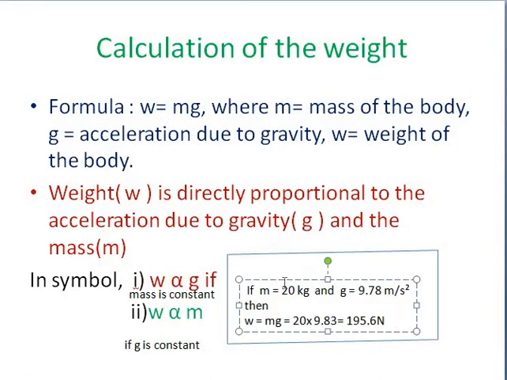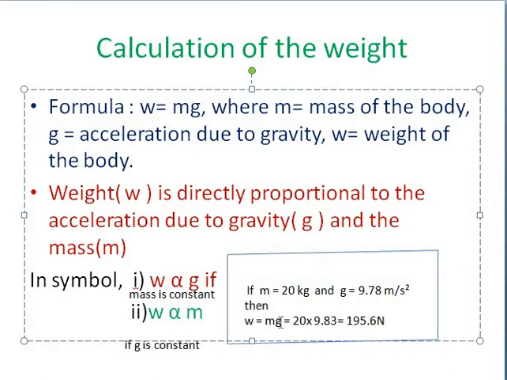So if mass is constant, then the weight depends on the acceleration due to gravity. Weight is directly proportional to the acceleration due to gravity. So this is the formula to calculate the weight: W is equal to mg.